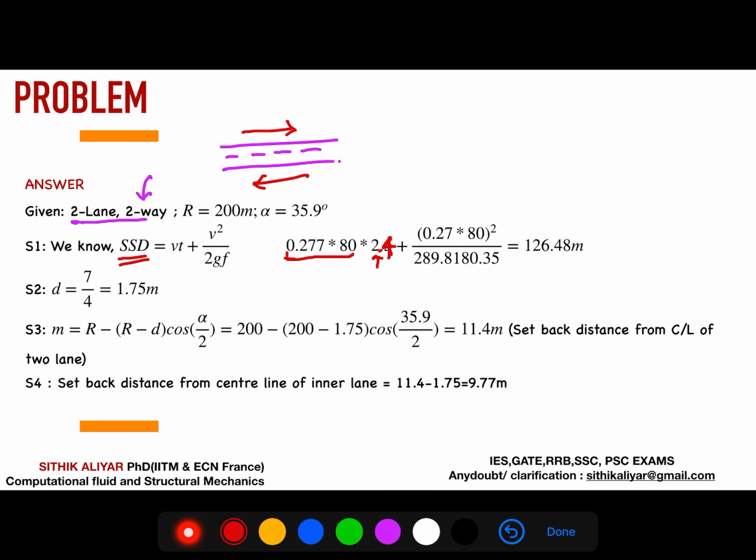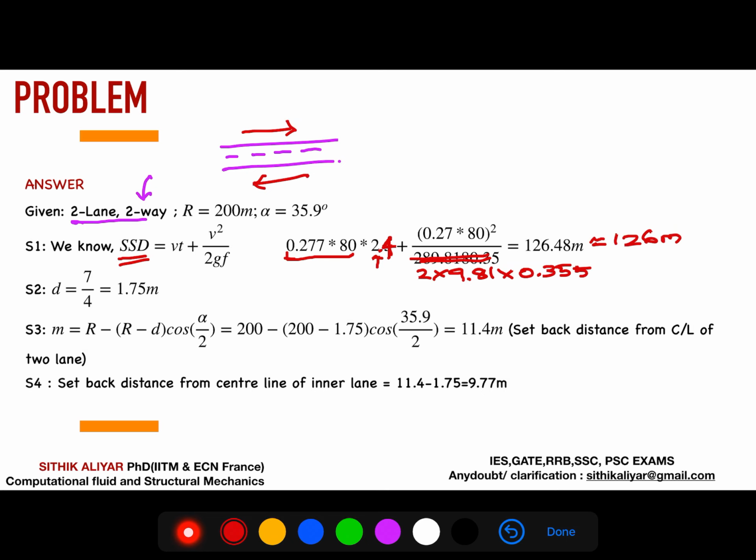So 2.5 into V, plus V square, which is 0.277 into 80 whole square, divided by 2 into 9.81 into friction 0.355. Solving this, approximately you will get 126 meter. This is your stopping sight distance.